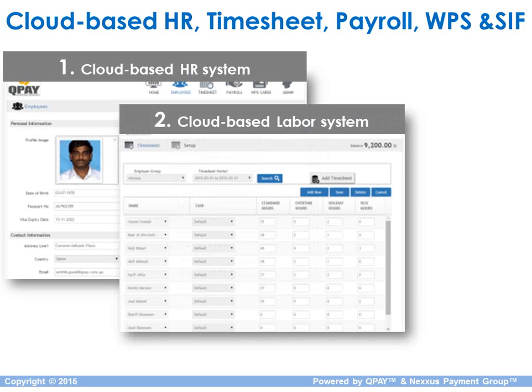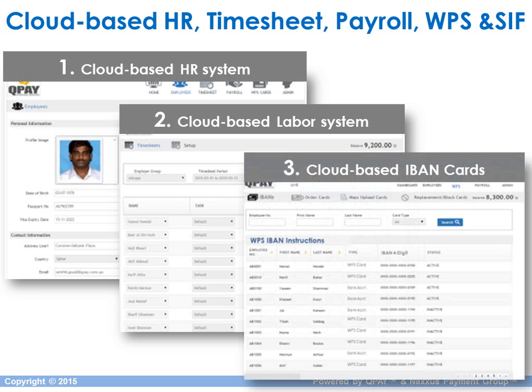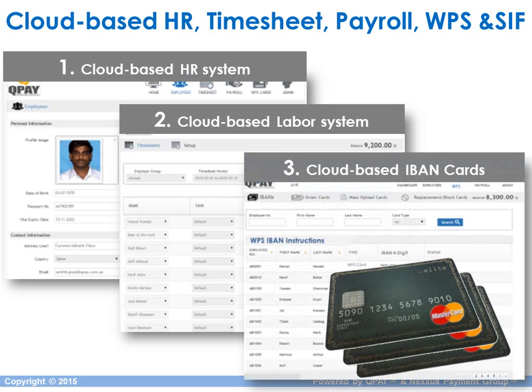So you can track all the hours that the employees have worked, their standard time, their overtime, deductions, salaries, all is tracked. You can also track all your employees' IBANs, or the system will automatically generate IBANs with MasterCard salary cards to be given to all your employees.